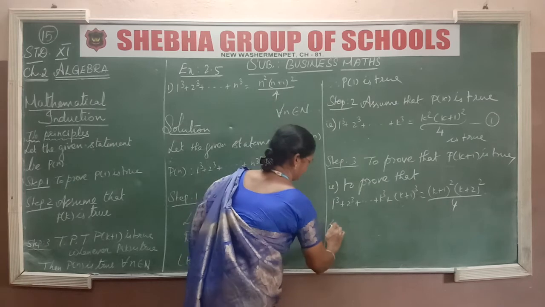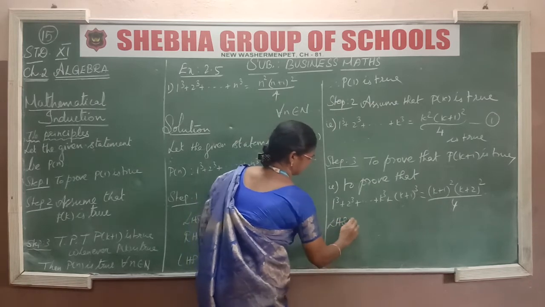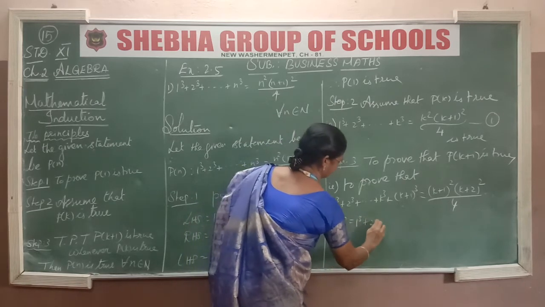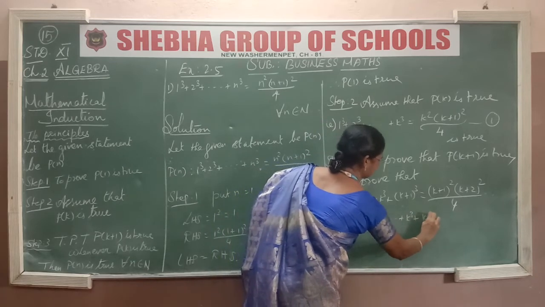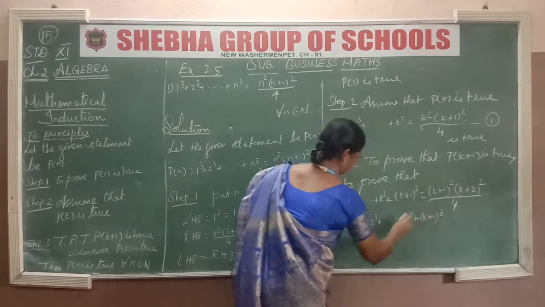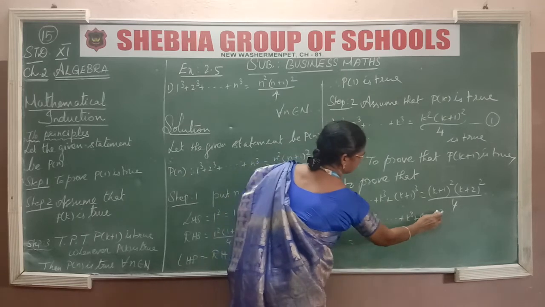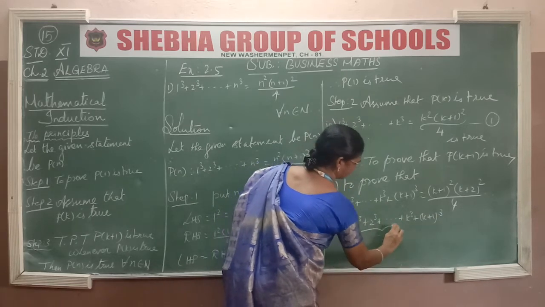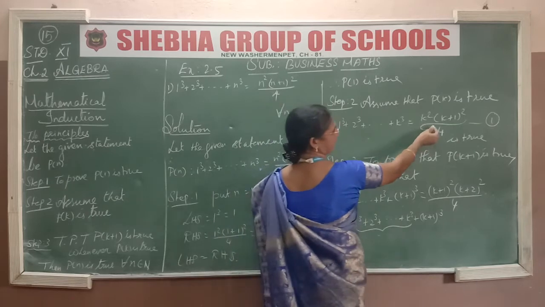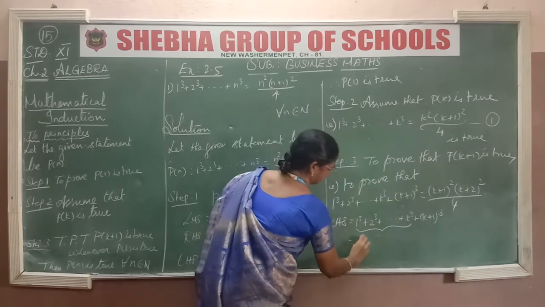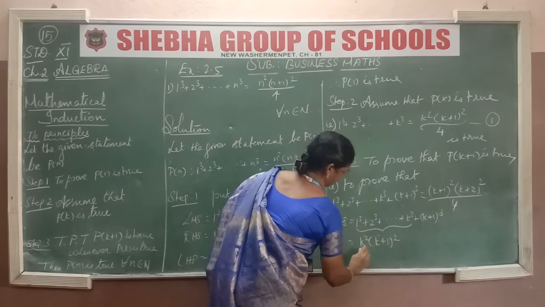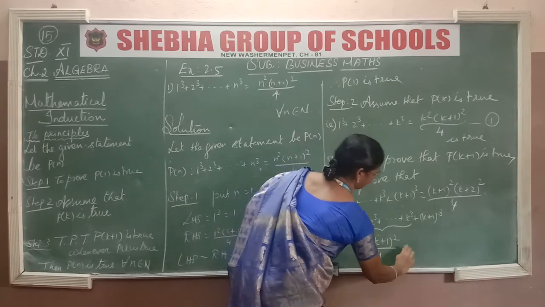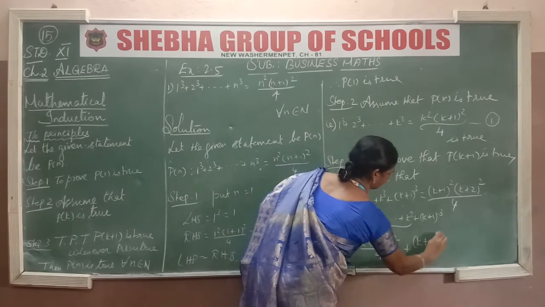Okay, so our left hand side is equal to 1 cube, 2 cube plus etc. up to k cube plus k plus 1 whole cube equal to, listen, 1 cube to k cube is what? By 1 using this result, that is k square into k plus 1 the whole square by 4 plus k plus 1 whole cube.